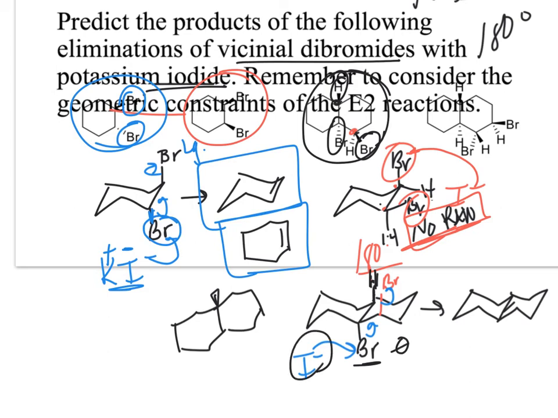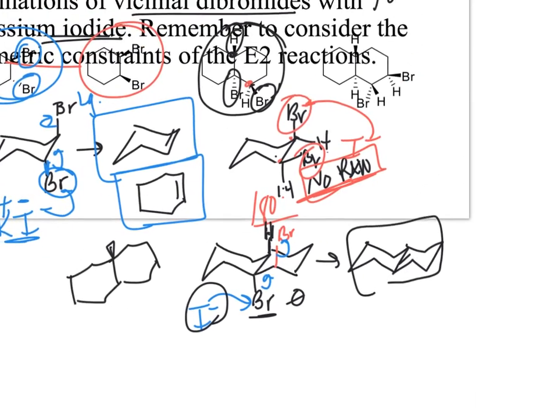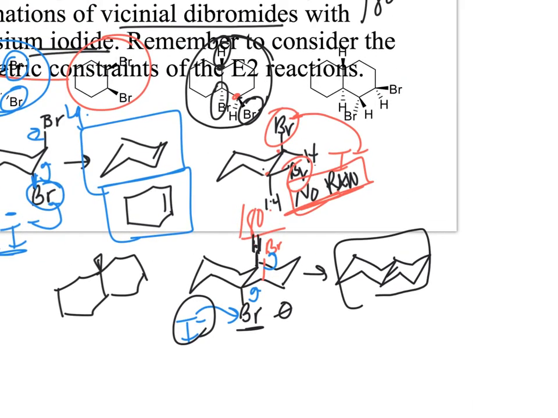So that iodide will take the bromine and eliminate to make your alkene here. And I will go ahead and draw that two-dimensional structure. And there it is. And you have your hydrogen still going up like this.